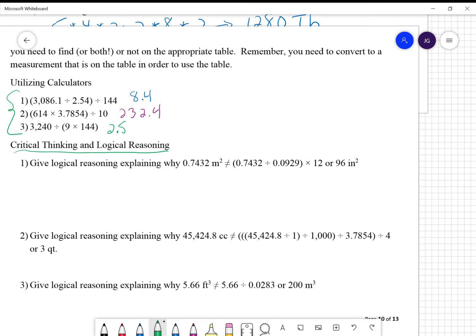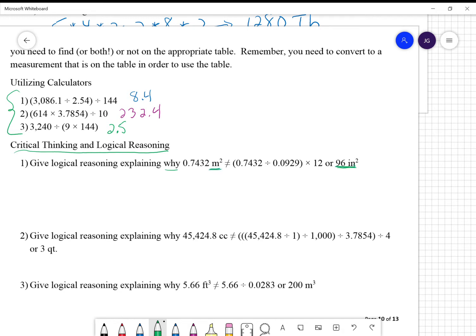And this is where we're mixing all of the different kinds of measurements together except linear. So it could be an area problem, it could be a volume problem, or it could be a capacity problem. Give logical reasoning explaining why 0.7432 square meters does not equal 96 square inches.